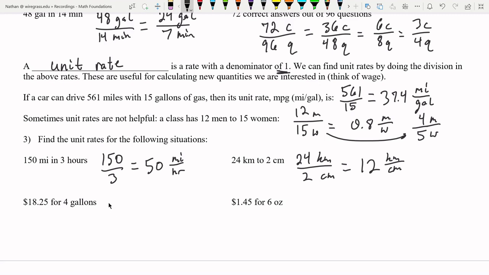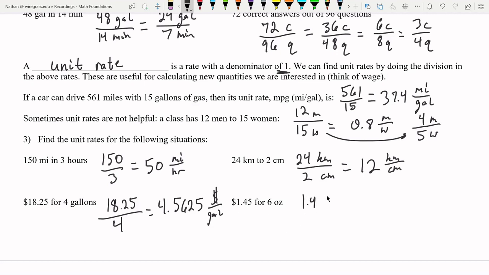$18.25 for 4 gallons. Do that on a calculator. I get $4.5625 per gallon. Of course, this could be a price for gasoline.